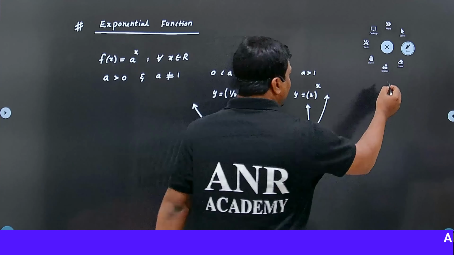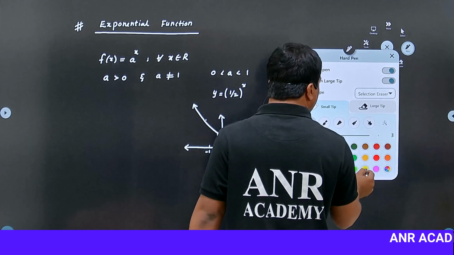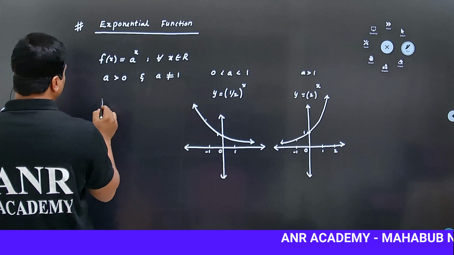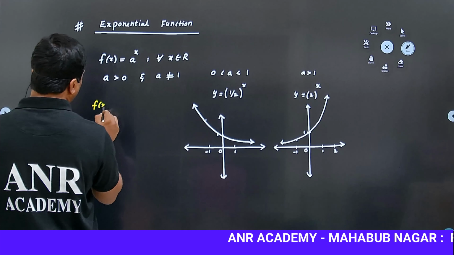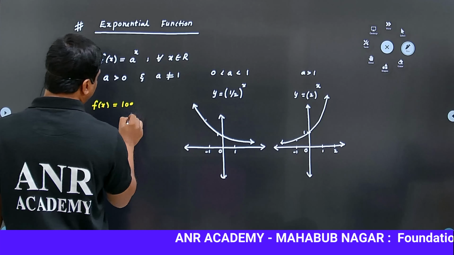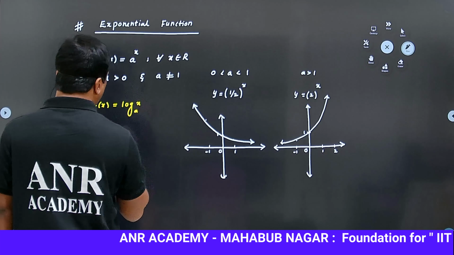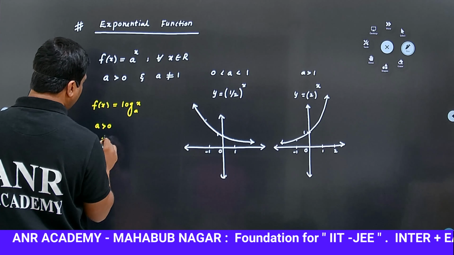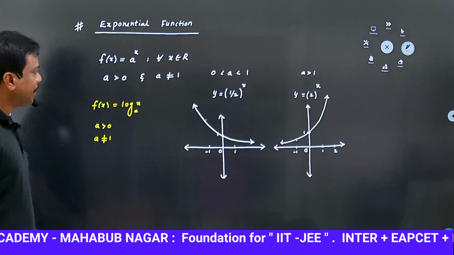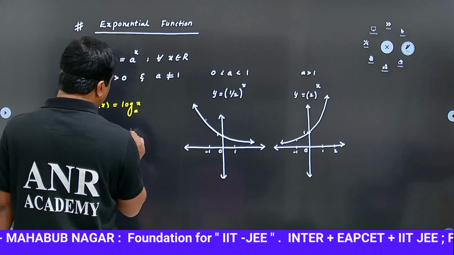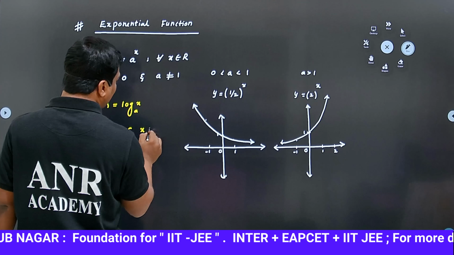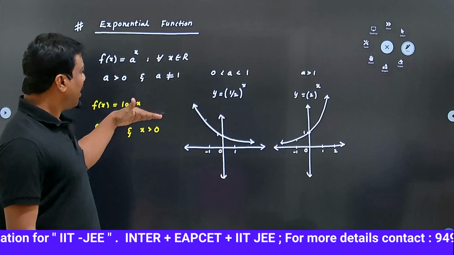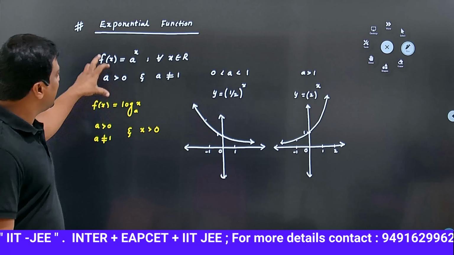And you know that logarithmic function is the inverse of exponential. Logarithmic function is defined by f of x equal to log x to the base a. Base conditions are the same: again, a more than 0 and a not equal to 1. And here it is defined only for positive values of x. What I am saying is that logarithmic is the inverse of exponential.